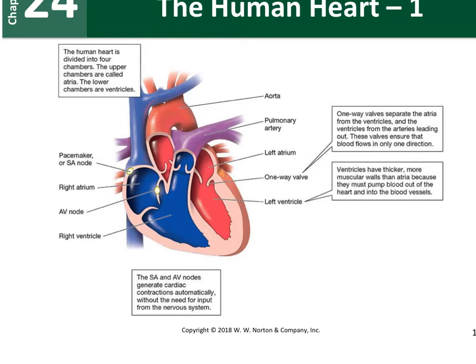The thing is, all these different chambers have to pump at the right time. So there's an electrical system that uses ions to coordinate it. The pacemaker, or SA node, is part of this electrical system, along with the AV node, and these have to be synced up.